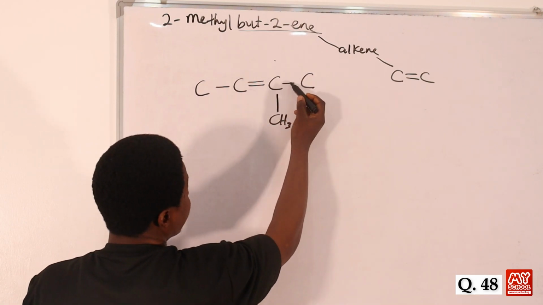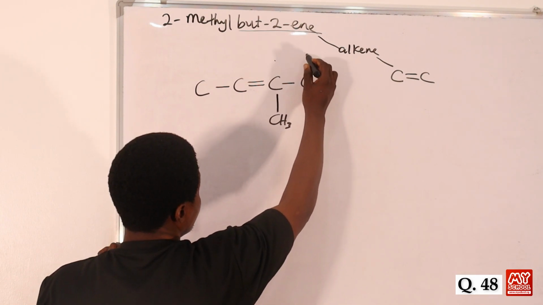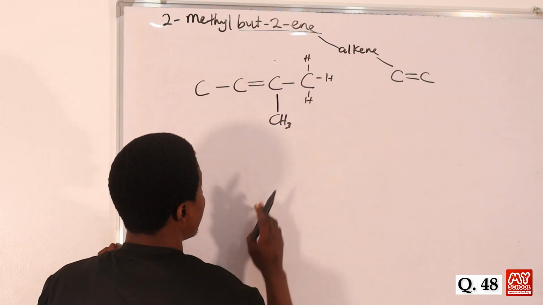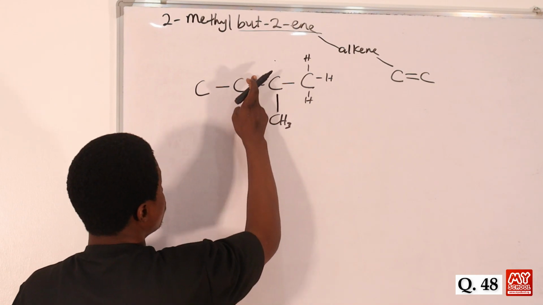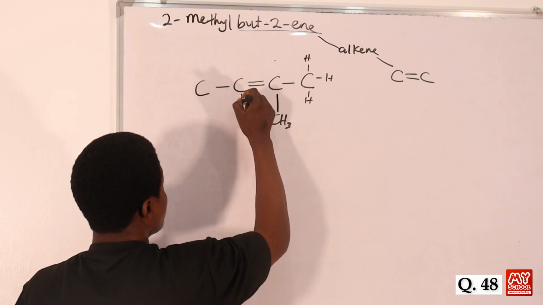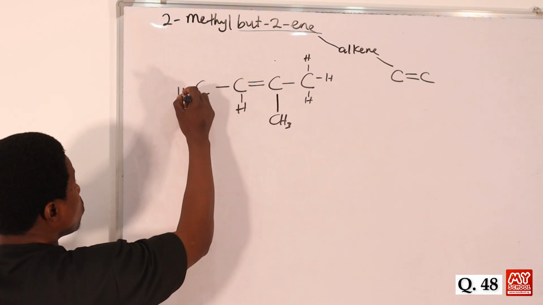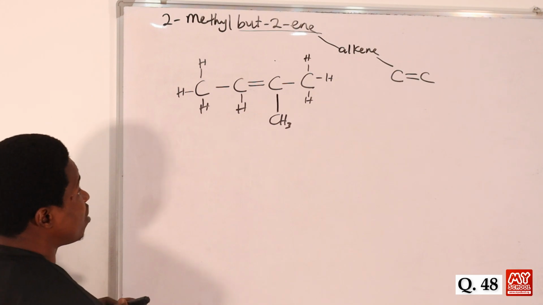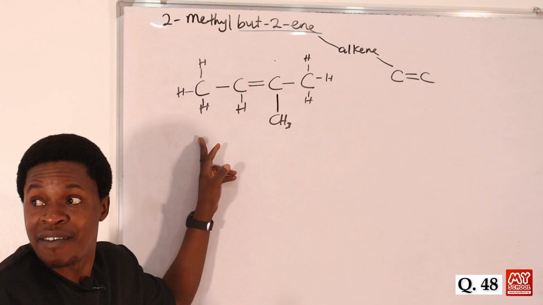This carbon atom has 1, 2, 3, and then 4. It must be 4 anyway. So this has 1, 2, 3, so it has 1 more hydrogen, 4. Then this carbon has 1, 2, 3, and 4. I think that is all now. But we can condense it, because I'm sure we didn't have it that way.